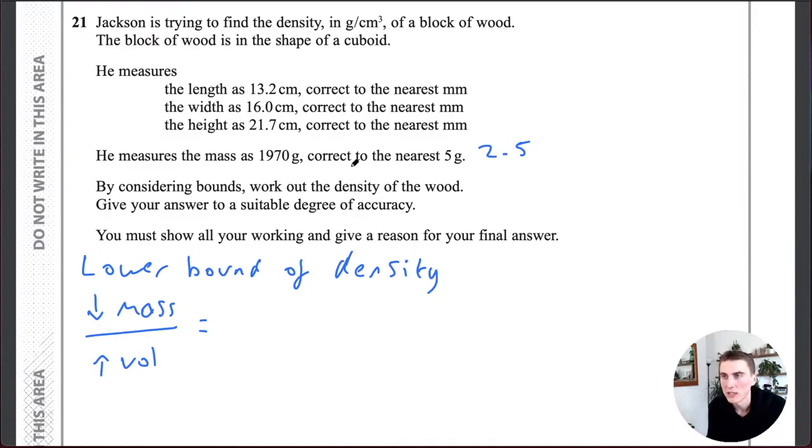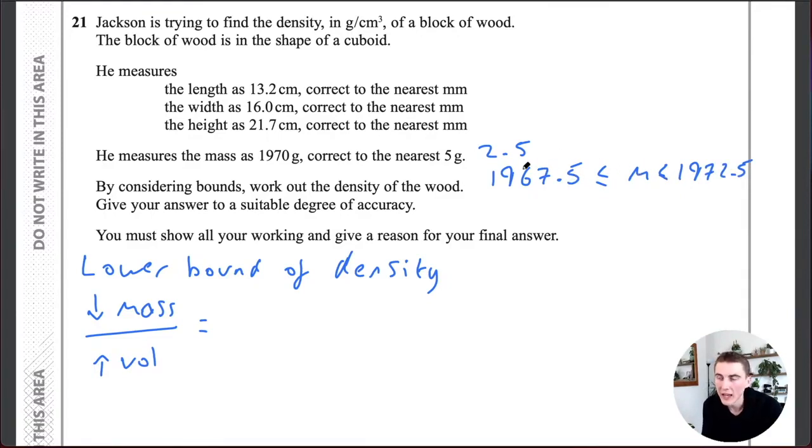So the 1970 can vary from 1,967.5, which is 1970 take 2.5, all the way to 1,972.5. Basically the mass has to be somewhere between these two.